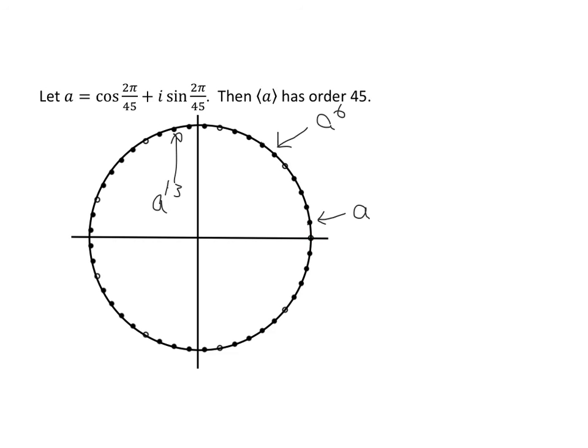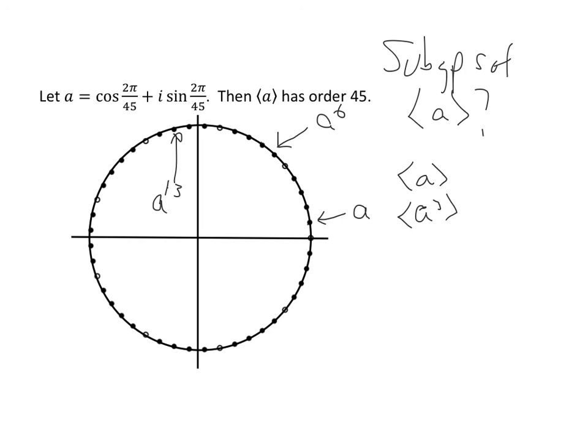And so we can ask all these other wonderful questions that we asked before. For example, what are the subgroups of the cyclic subgroup generated by A? Well, we just translate it into this notation. Certainly we would have the cyclic subgroup generated by A. We would have the cyclic subgroup generated by A cubed.